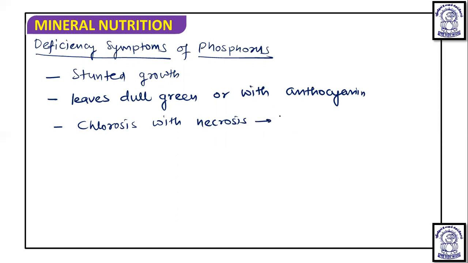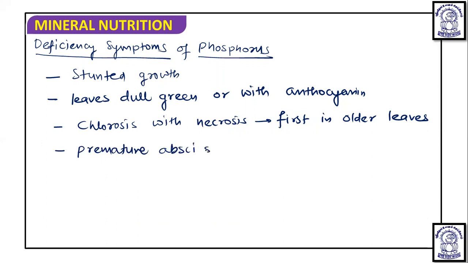And that chlorosis and necrosis occur first in older leaves. Then premature abscission, that is premature fall of leaf. Then delayed flowering, the flowering will get delayed.